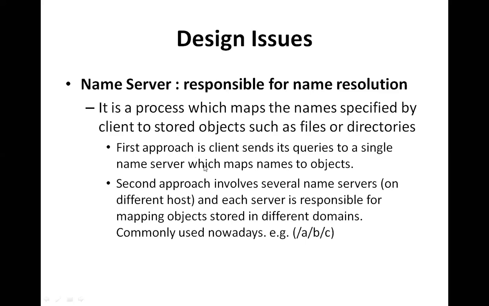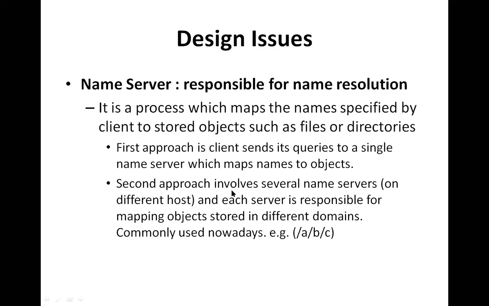But this system has certain drawbacks. Why does it have certain drawbacks? If the name server crashes, the entire system will be drastically affected. Second, the name server is a bottleneck and it is going to reduce the performance of the system.